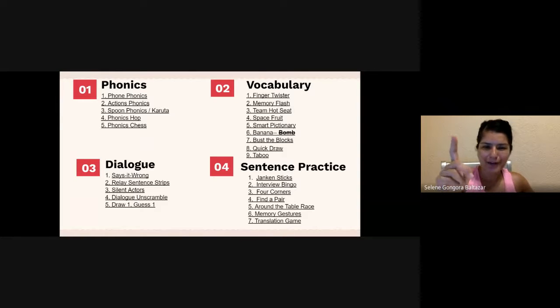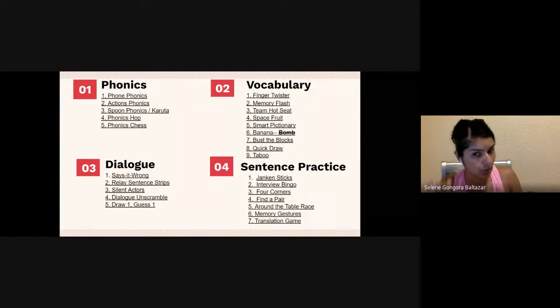Let me talk about the telephone one, because you can do a variation where you combine telephone and charades. You can do this because, again, there's no speaking in there, but it gets the students thinking in a different way.